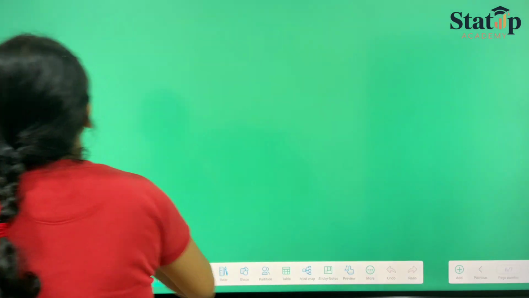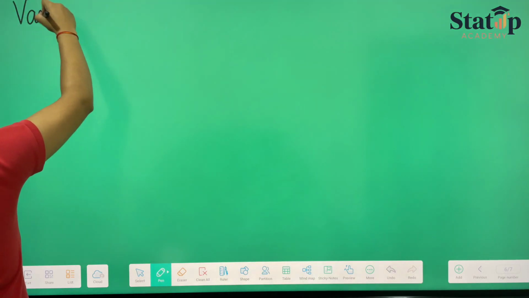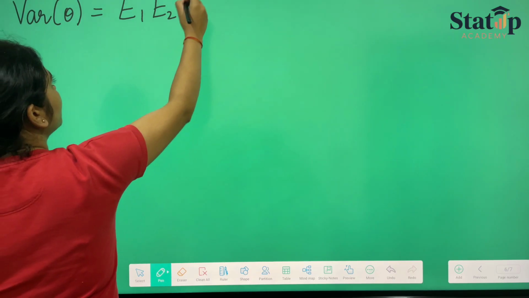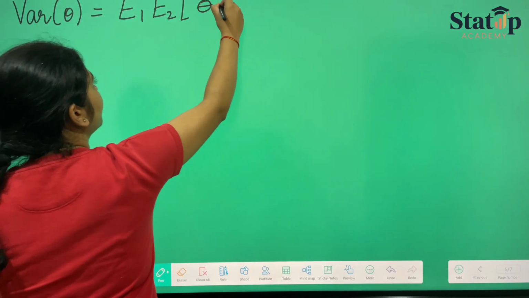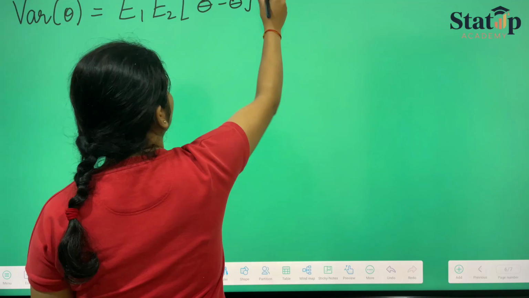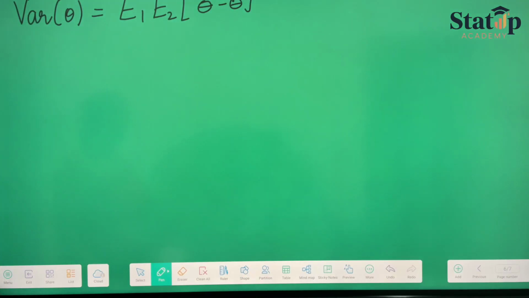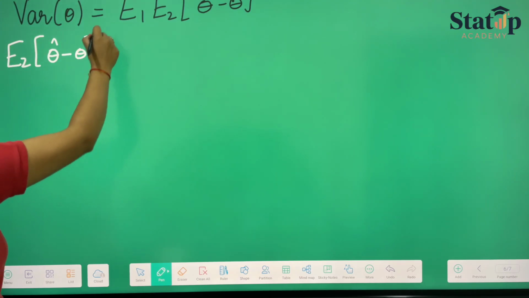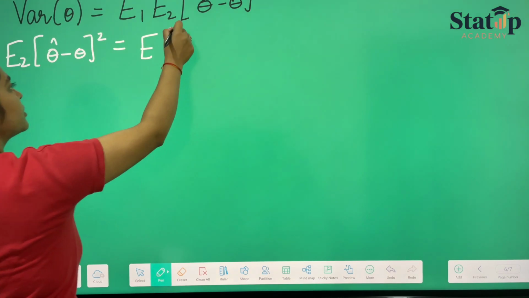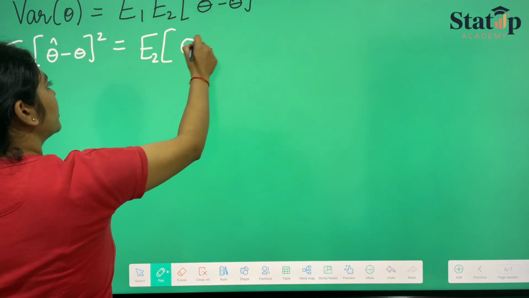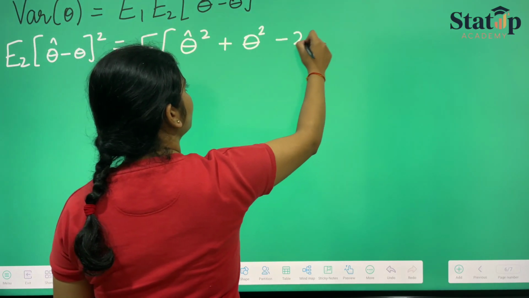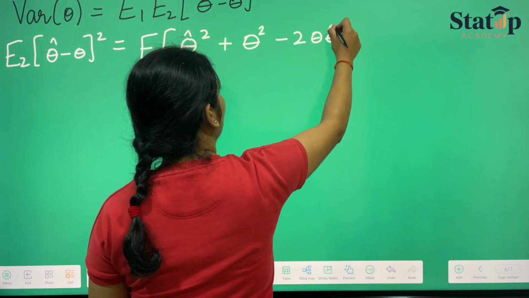This expectation can be written, variance of theta can be written as E1 E2 of theta cap minus theta whole square. Now taking this value E2 of theta cap minus theta whole square, opening the square, we'll get E2 of theta cap square plus theta square minus 2 theta theta cap.